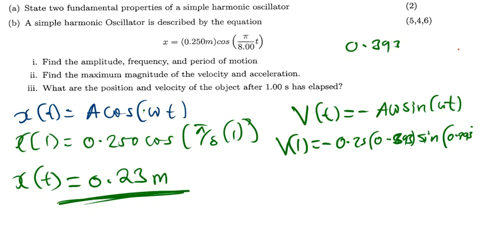So times 1 will not affect anything. So I'll say 0.25 times 0.393.